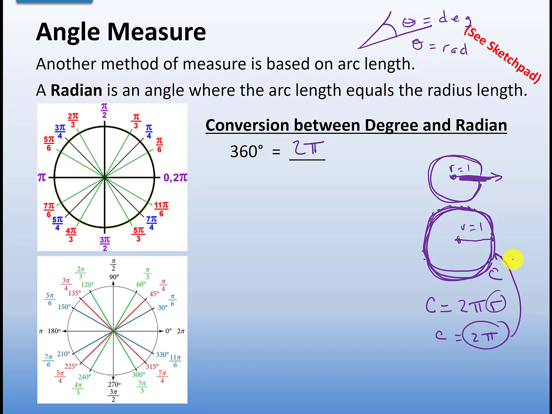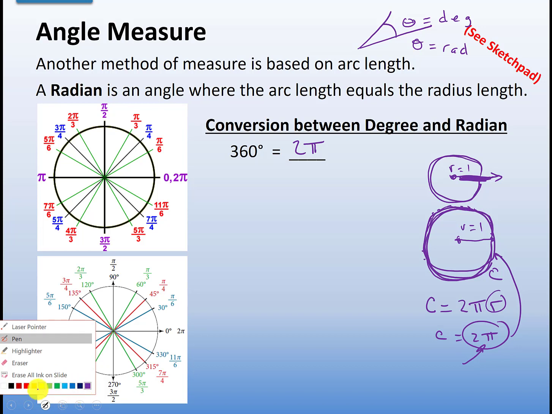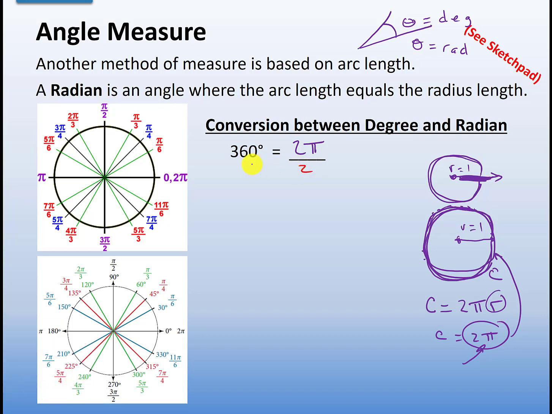So when we measure radians, a lot of times we're going to measure them in terms of pi. And we can do some simplifying here. If I divide by 2, then I've got a simpler statement that 180 degrees is the same as pi.